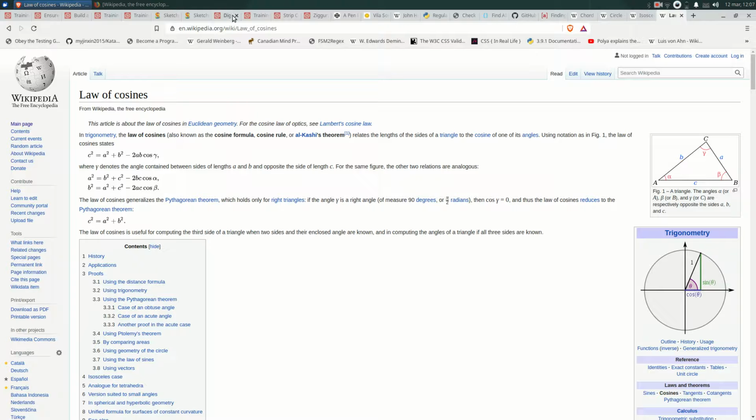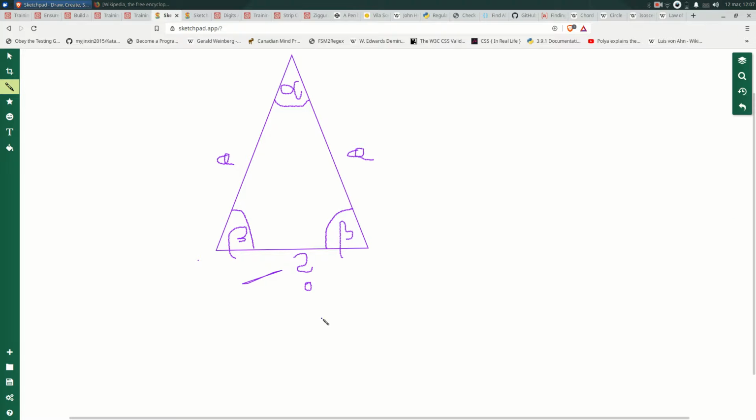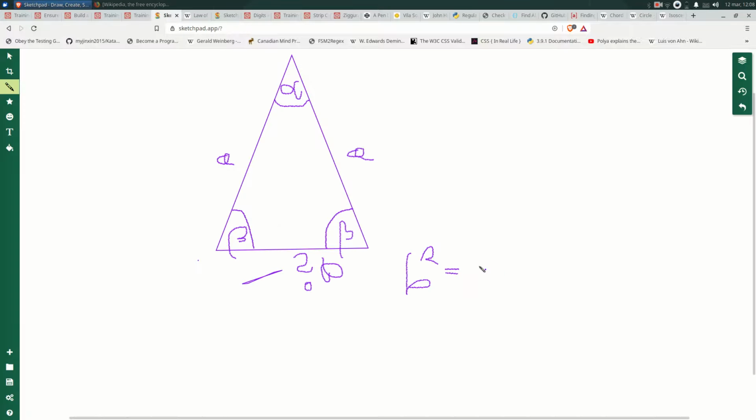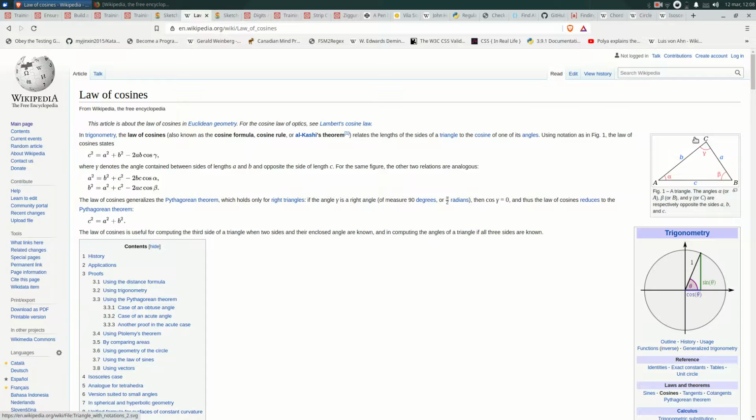And we say basically that would translate here as, let's call this B. So B squared is A squared plus A squared. So we're interested in that.